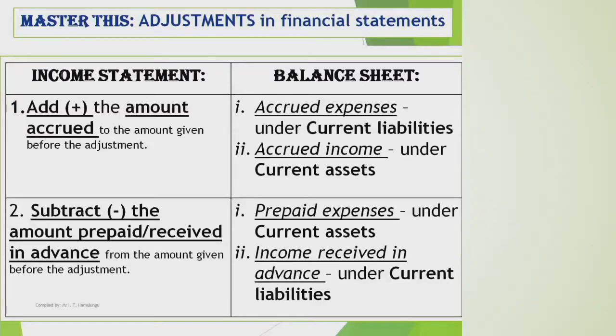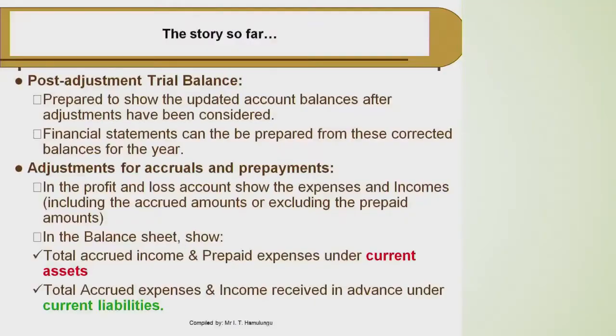How do we deal with the balance sheet information? The same applies. All accrued expenses under current liability, accrued income under current assets. We have prepaid expenses under current assets, income received in advance under current liability. So you should know. Accrued expenses under current liability. This is what I was explaining already, so that you know. Okay?